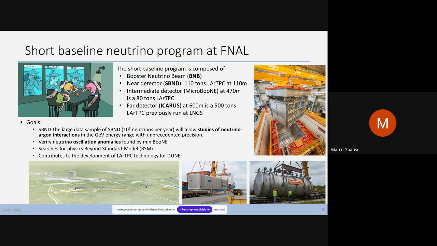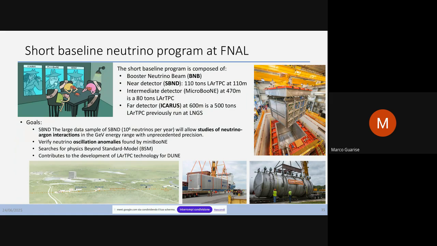An intermediate one is MicroBooNE, a few hundred meters distant, and finally ICARUS, which is the Rubbia detector that was previously installed in the Gran Sasso laboratory, then at CERN, and then finally moved to Fermilab.